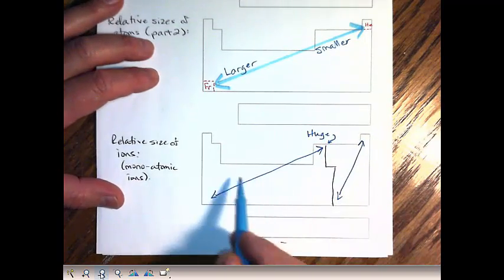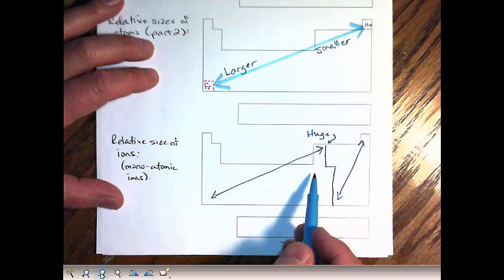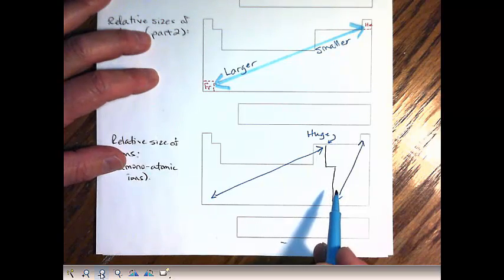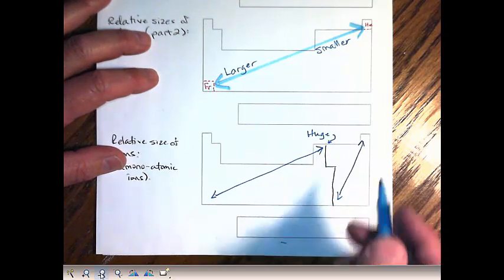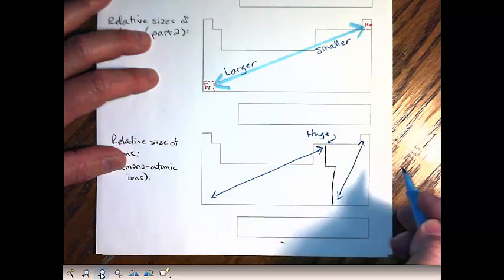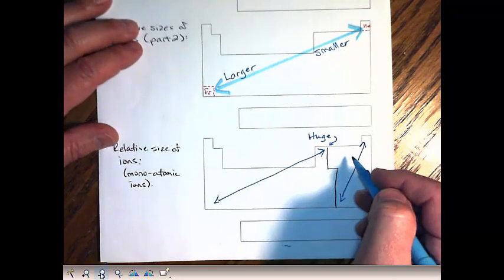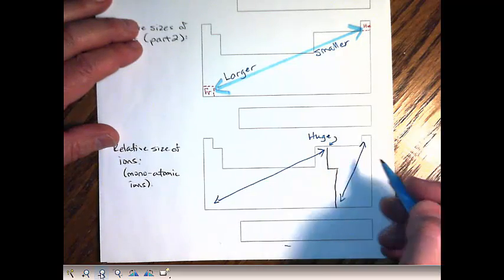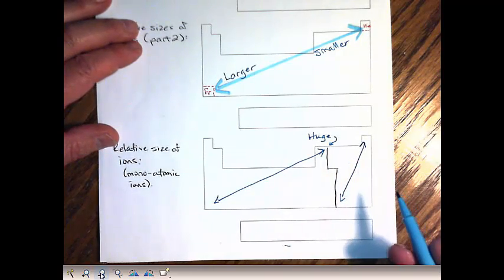Because we're going from removing electrons to adding electrons, and that just creates a whole new level of instability in that outer level of electrons. And so the size of the atom just gets huge. You don't have to know so much about why, but the shielding effect is still the reason. You just got to know this is the general pattern.